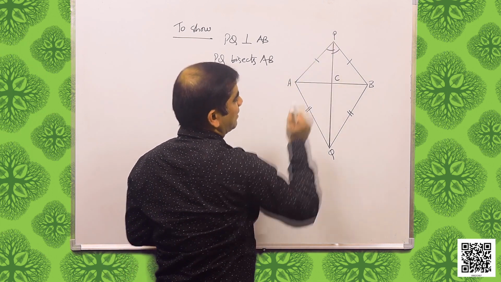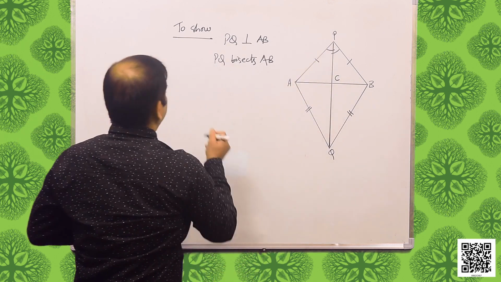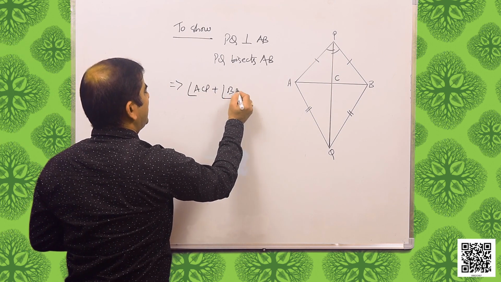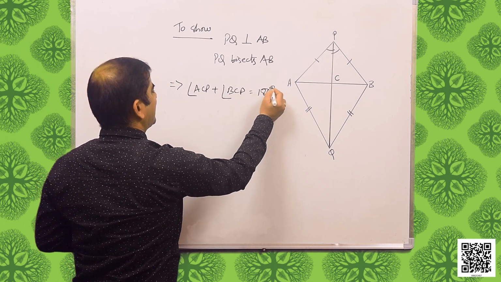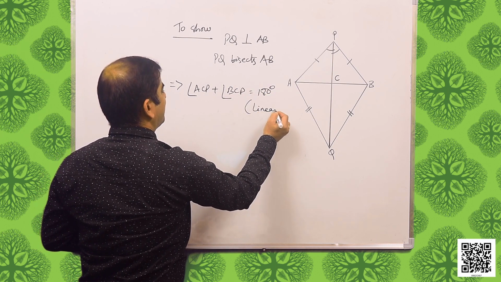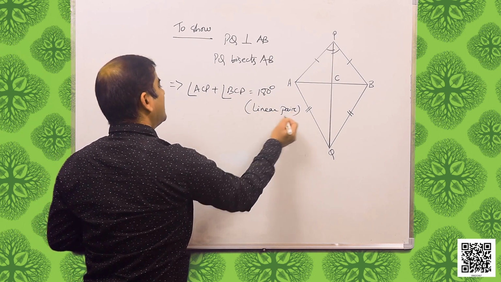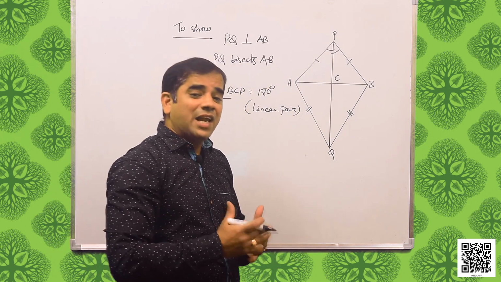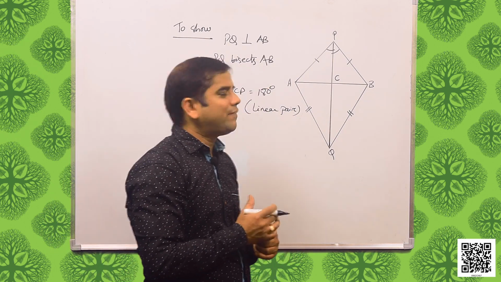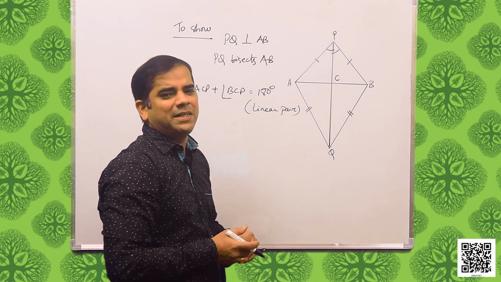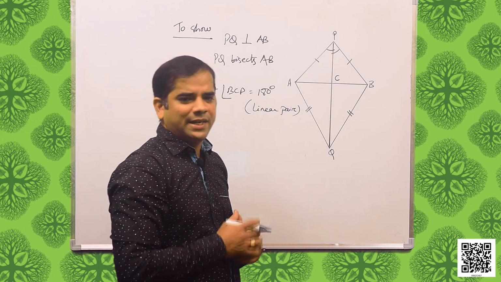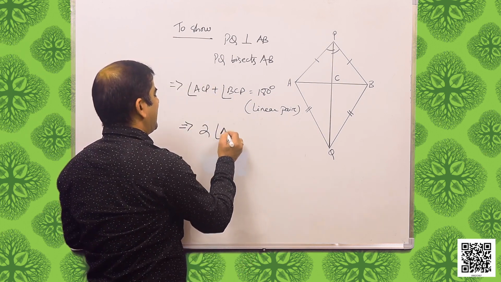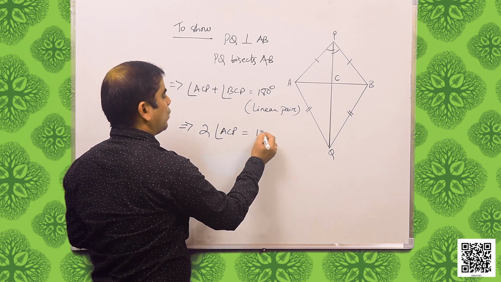That implies angle ACP plus angle BCP is equal to 180 degrees, because linear pair angles lie on a straight line, so their values sum up to 180 degrees. So, 2 angle ACP is equal to 180 degrees.